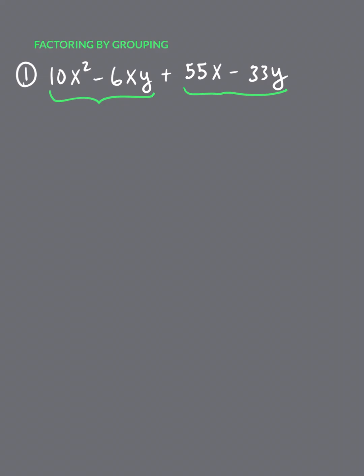So what is the greatest common factor between this term and this term? 2x. So we're going to factor out 2x. 10x squared divided by 2x is 5x, minus 6xy divided by 2x is 3y.